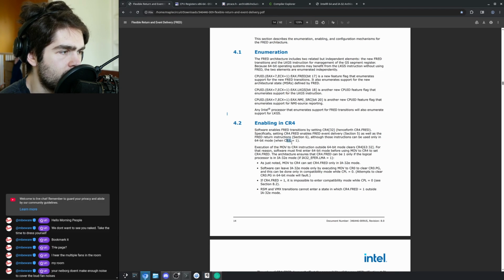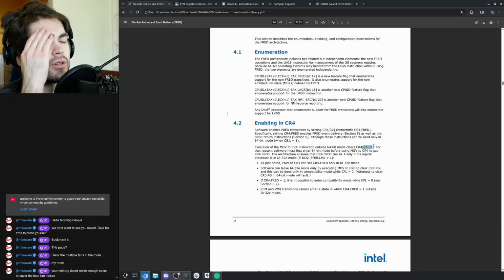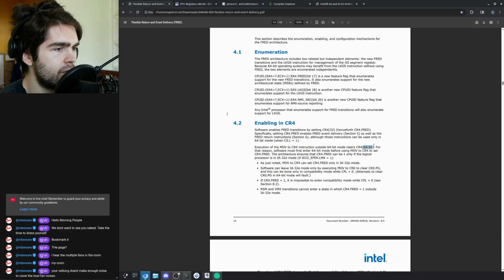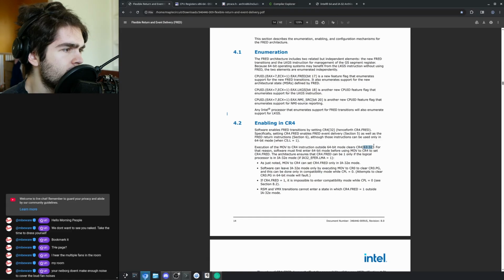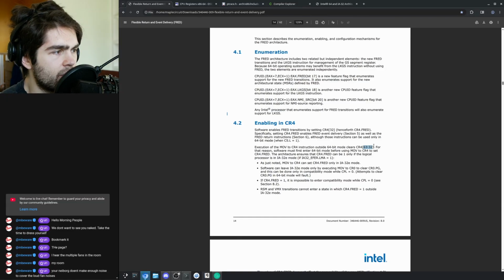Oh, CS.L, right? Execution of the move to CR4 instruction outside of 64-bit mode clears the upper bits of CR4. Okay, so it clears the upper 32 bits. For this reason, software must first enter 64-bit mode before using move to CR4 to set the CR4.THREAD.